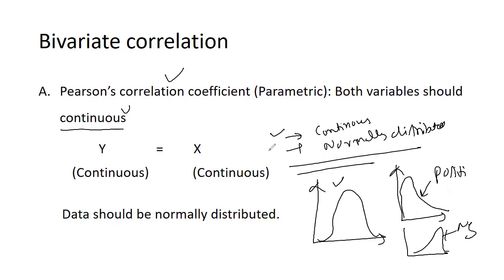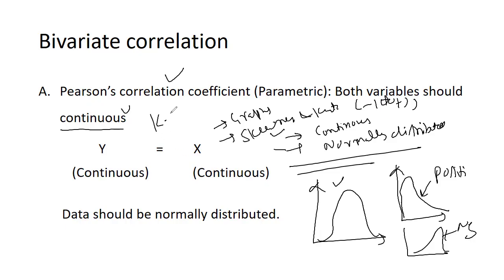So how will we check whether my data is normally distributed or not? There are many methods to check the normality of the data. One is through graphs. Second, we can check the value of skewness and kurtosis. If its value is near 0, or between -1 and +1, there is no issue of skewness and kurtosis.